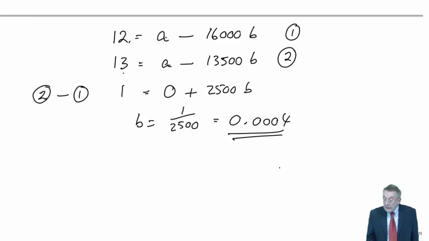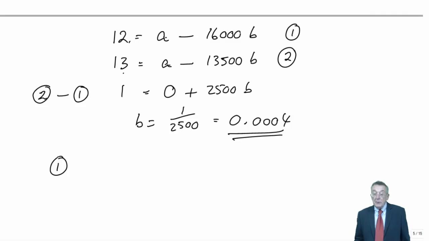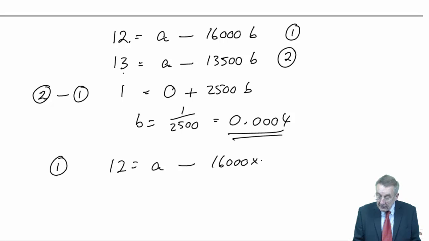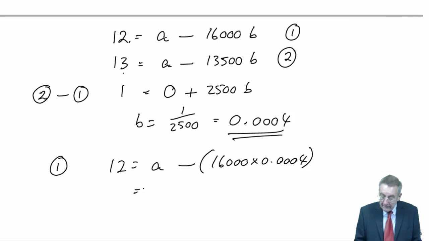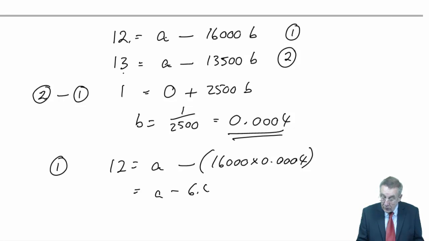And having got a value for B, you could now go back to the first equation and get a value for A, because 12 equals A minus 16,000 times 0.0004, which is A minus 6.4.